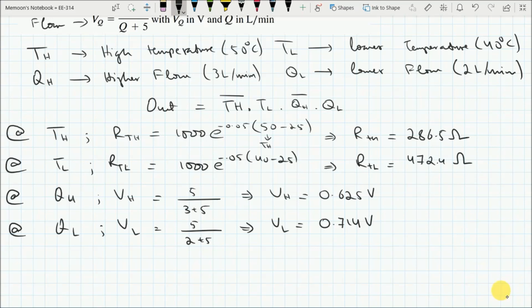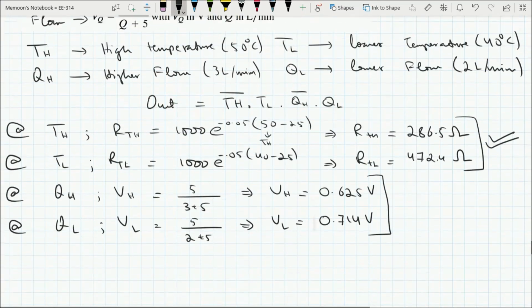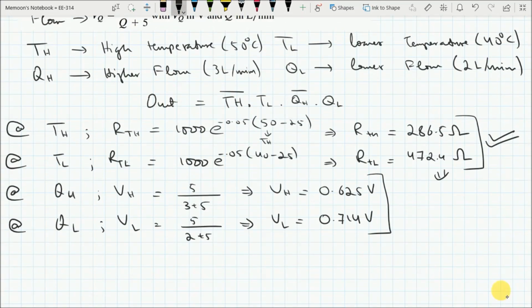The good thing is your output of the flow sensor is already in voltage, so it can be directly used with a comparator. But in case of your temperature sensor, the output change is in the form of change in resistance with respect to change in temperature. So we have to convert these two resistances into the change in voltage to make them compatible with the comparators. So let's convert these resistances into voltages by using a potential divider. So here is your potential divider.